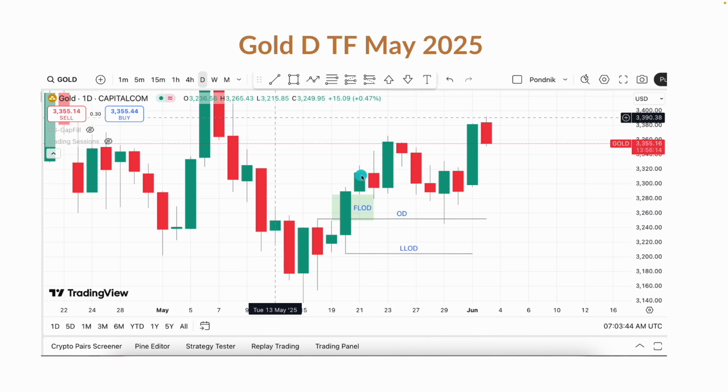From this location, we retraced and then achieved the target. This is the context area on the lower time frame to enter the trade. We can use 4 hour, 1 hour, 15 minutes, 5 minutes or 1 minute to enter this trade on the lower time frame from this fair value gap to this target.